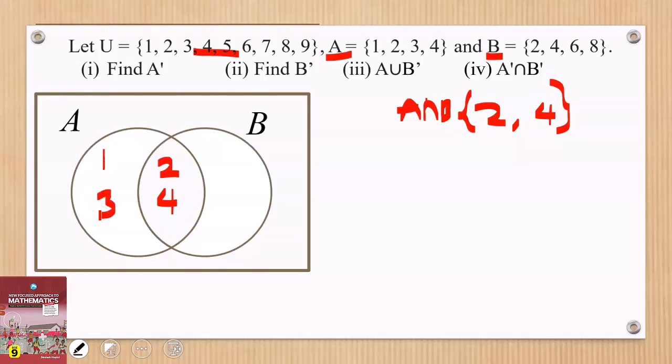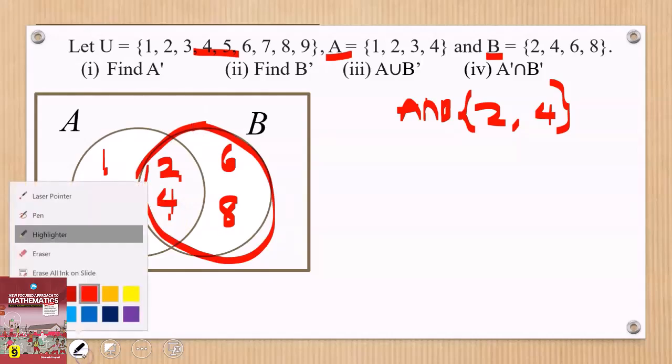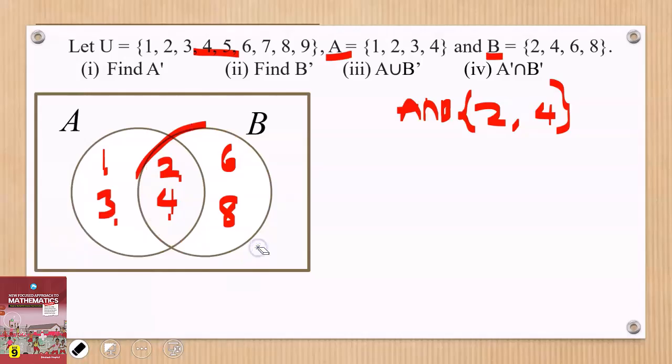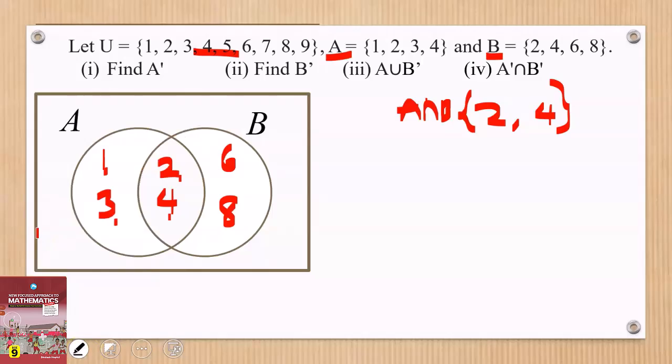Then the elements left for B, after representing 2 and 4 in the intersection position, are 6 and 8. So if you pick the whole of A, we have 1, 2, 3, 4. And if you pick the whole circle of B, we have 2, 4, 6, and 8. Right. So now, do we have other elements that are outside A and B, elements that are in the universal set but not found in A and B?